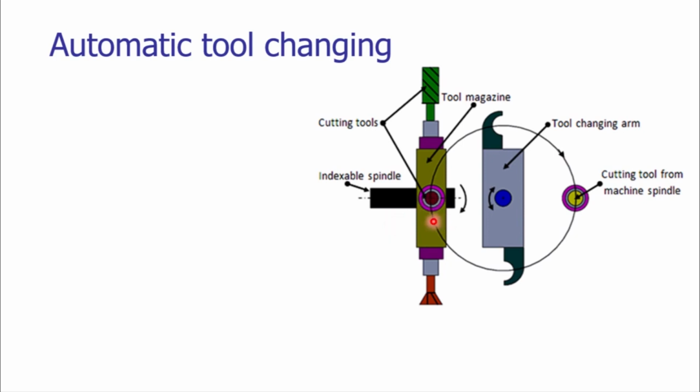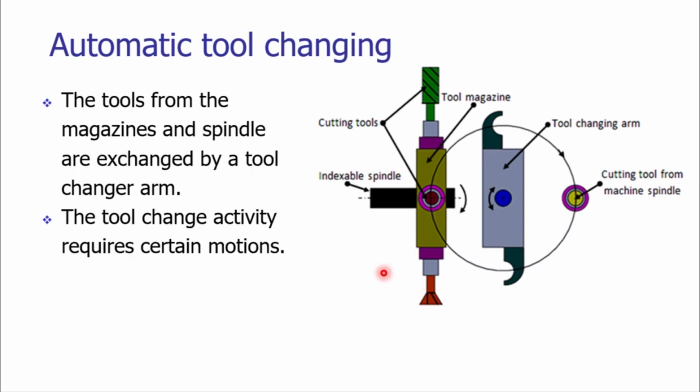Now to have a proper tool change operation, we have to select the arrangement in such a way that the axis of the tool to be chosen is parallel to the axis of the machine spindle itself. So this axis is parallel to the axis of the machine tool spindle, and there is the mechanism of a tool changing arm whose axis of swiveling is also parallel to the tool spindle and the axis of the cutting tool to be chosen.